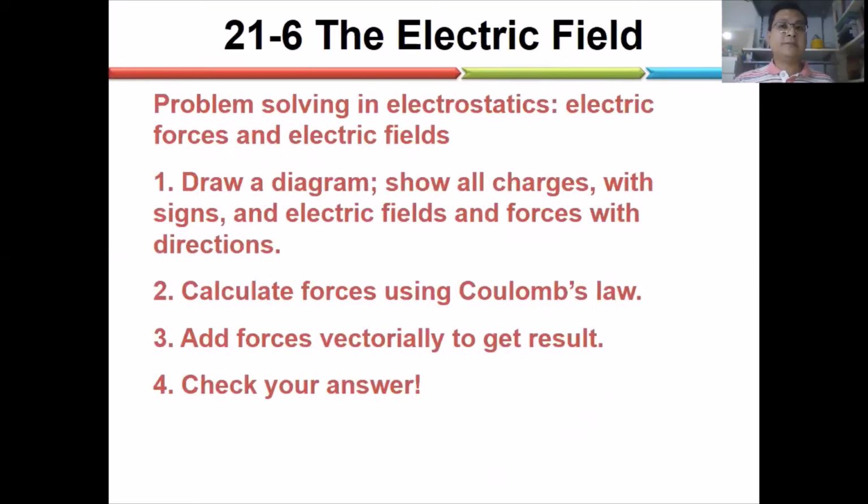By the end of this video, you should have some idea of how to draw diagrams showing charges with their signs, electric field, and force with direction, and how to calculate force using Coulomb's law, add forces vectorially to get results, and check your answer as true or false.